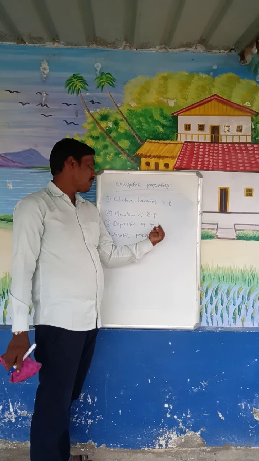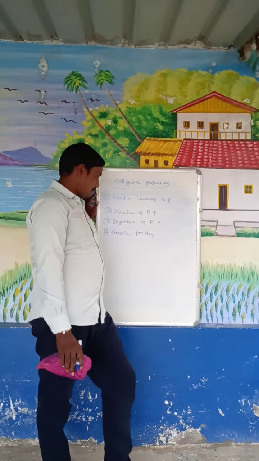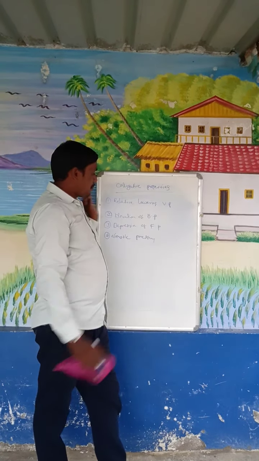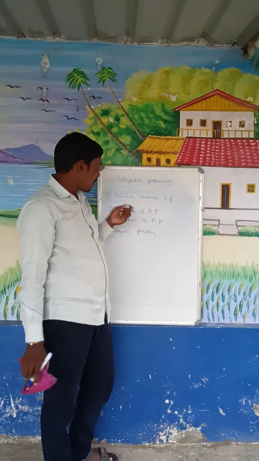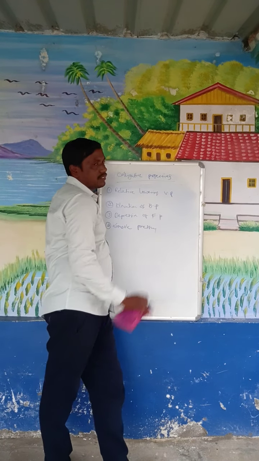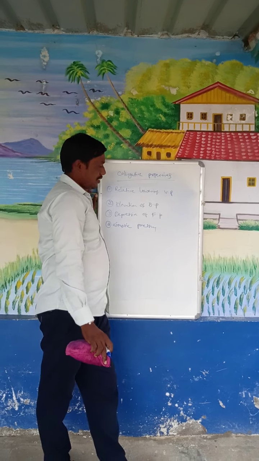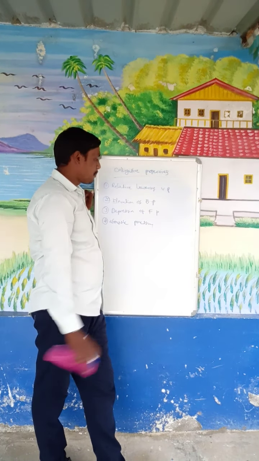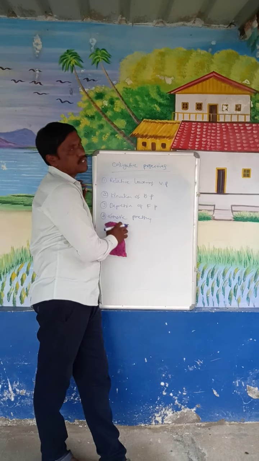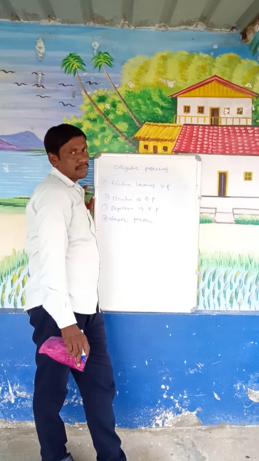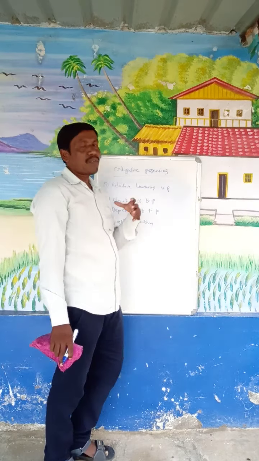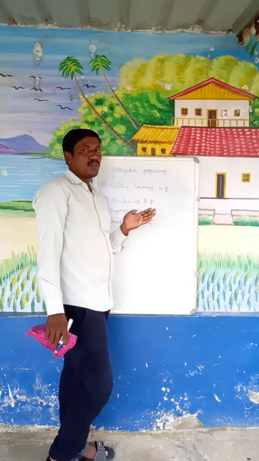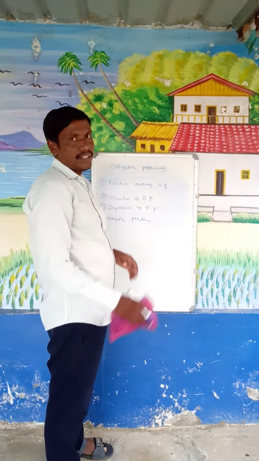In depression of the freezing point, the freezing point of the solution is less than the solvent freezing point. Osmotic pressure is the transfer of solvent particles from lower concentration to higher concentration.